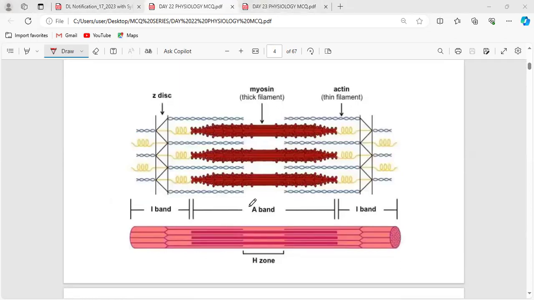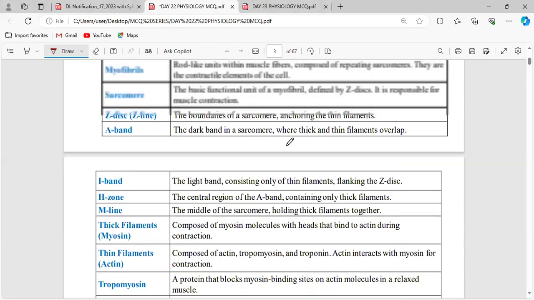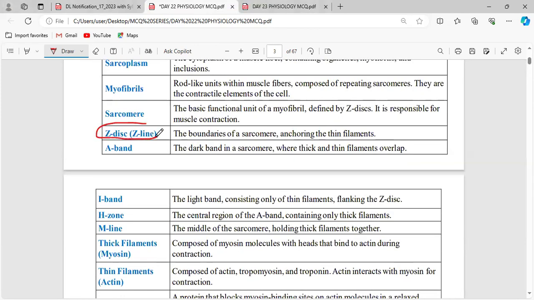We have studied the A band, I band, H zone, and Z disc. As we studied in yesterday's class, this Z disc, that is the Z line, marks the boundaries of the sarcomere, which supports the thin filaments. And what is a sarcomere? It is the basic functional unit of a myofibril. And what is the dark band?